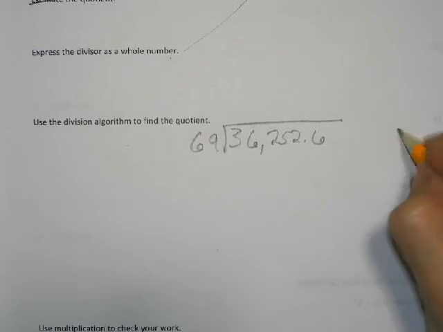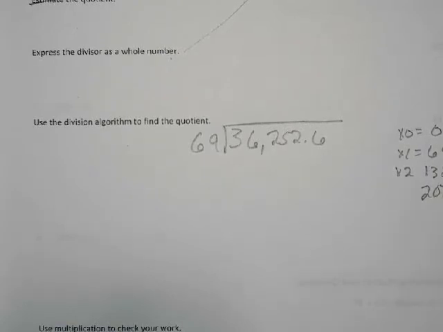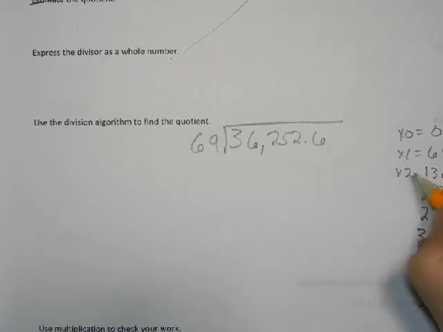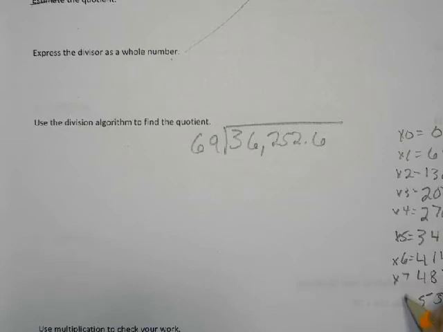So we have times 0 equals 0, times 1 equals 69, times 2 is 138, times 3 is 207, times 4 is 276, times 5 is 345, times 6 is 414, times 7 is 483, times 8 is 552.